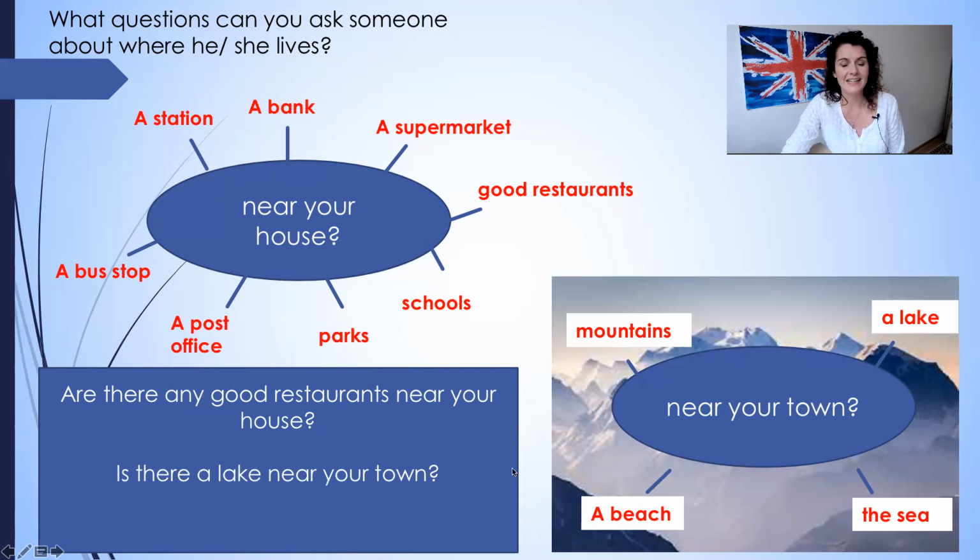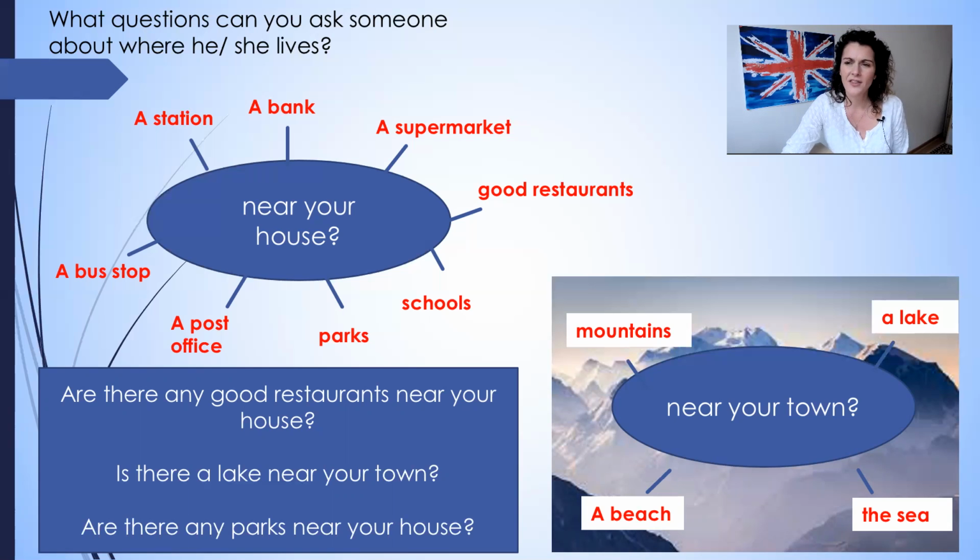Is there a lake near your town? So I've got my singular form of the verb to be, got my singular noun, and I use a because it's a singular phrase. Is there a lake near your town? Are there any parks near your house?